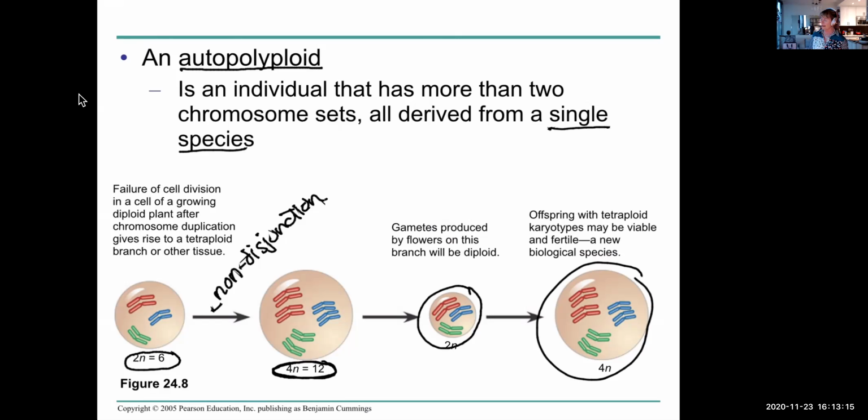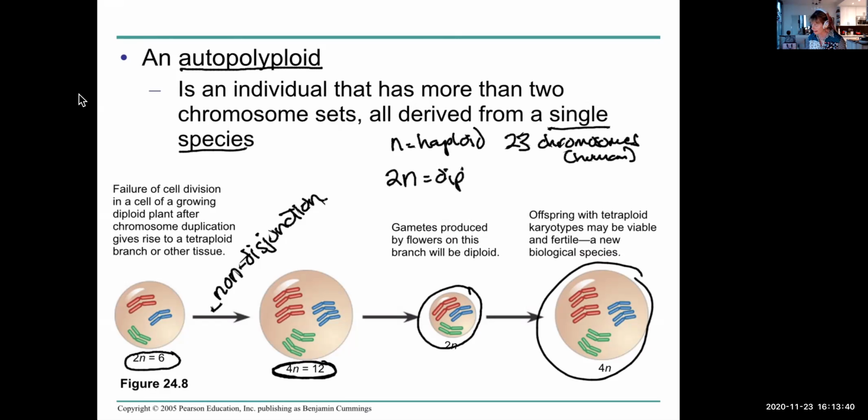I don't know, we haven't talked about this for a while, so just to review, N equals haploid. If we're talking about humans, our gametes, eggs and sperm, each have 23 chromosomes. All the rest of our cells besides our gametes are 2N.